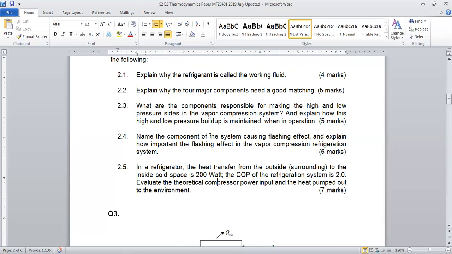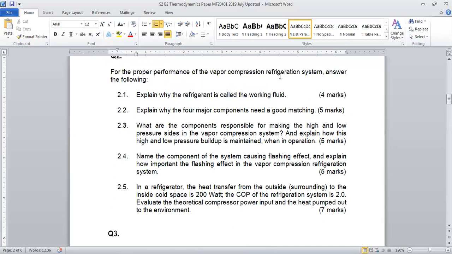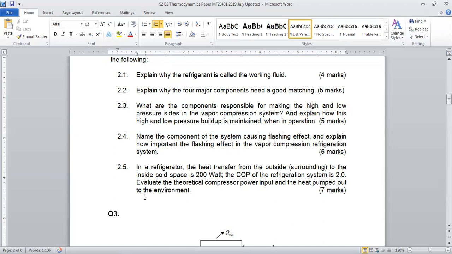See, name the component of the system causing the flashing effect and explain how important the flashing effect is in the vapor compression refrigeration system. Explain why the four major components need a good matching. Explain why the refrigerant is called the working fluid. So you have to write very clearly and precisely about the COP.